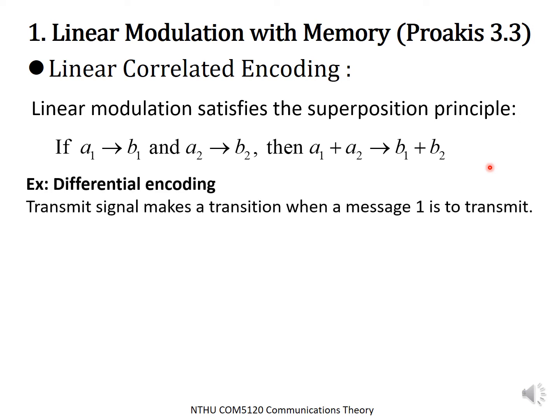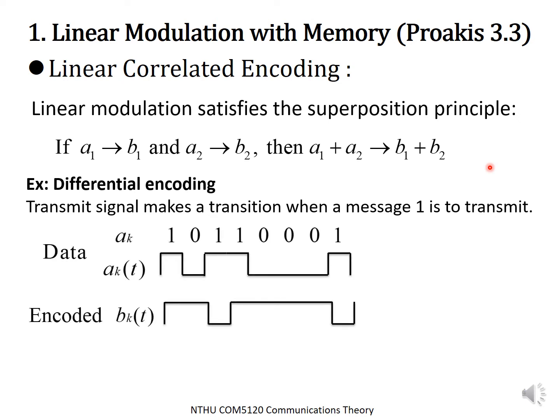For example, differential encoding is an example of linear modulation with memory. We try to transmit a signal that makes a transition when a message 1 is transmitted. For example, AK represents the message we are trying to send.